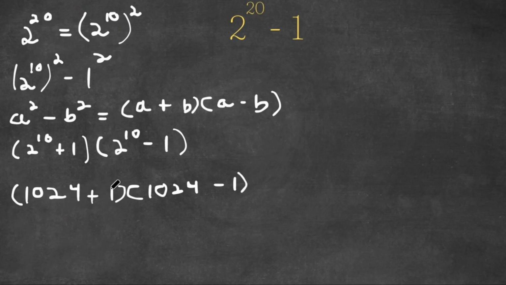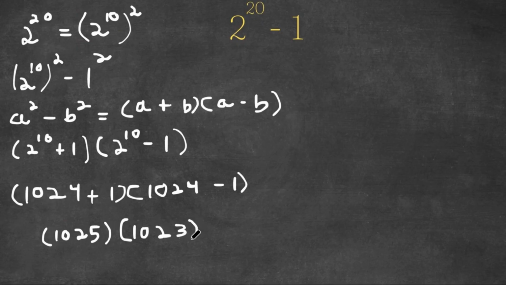Now 1024 plus 1 is simply 1025. And 1024 minus 1 is 1023. So we have 1025 times 1023.